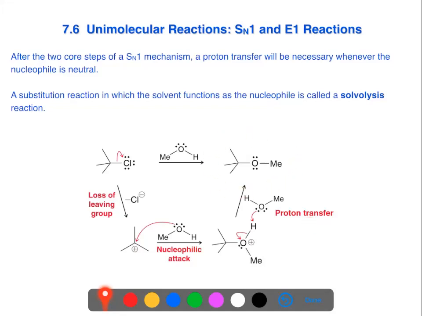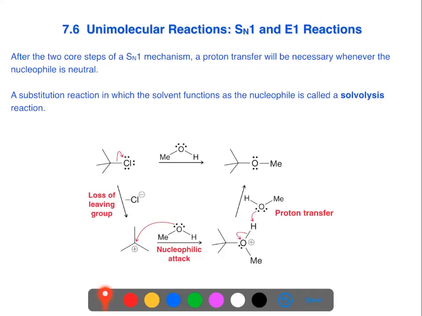And it's important to remember that in these solvolysis reactions, we have a significant amount of solvent present. So when we take a millimolar or even molar amount of this particular compound and dissolve it into solvent, the concentration of solvent is on the order of 50 molar.